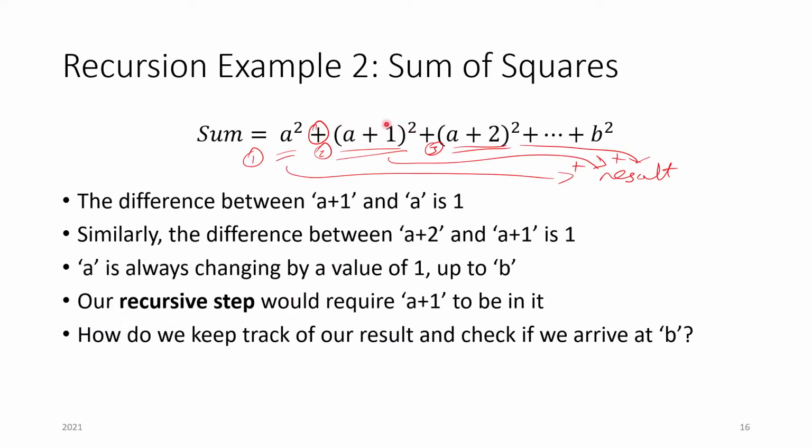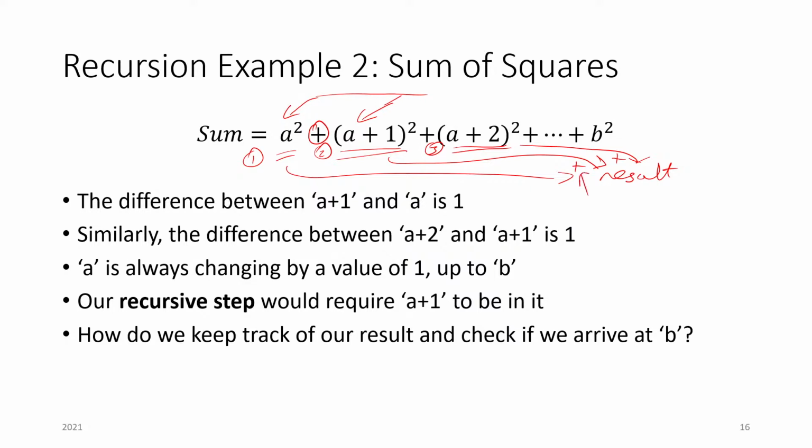When we go a plus 1 here and we square this, remember, we now have to accommodate for the a squared and the a plus 1, because we're now at the second step. And accommodating for those, that's why we need to add them together.